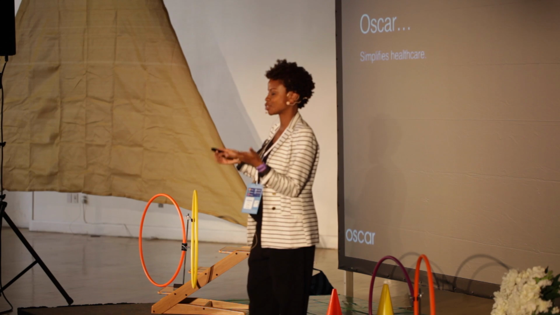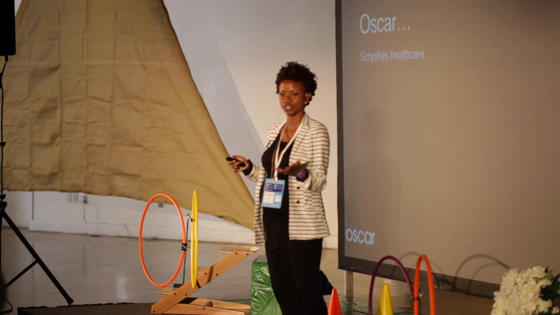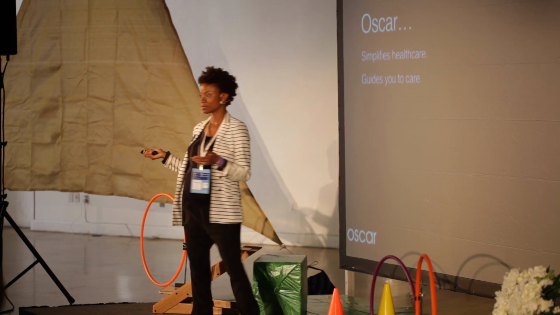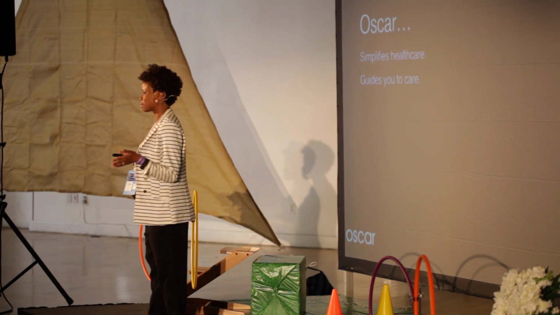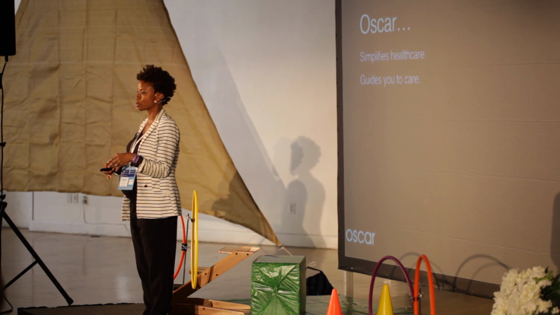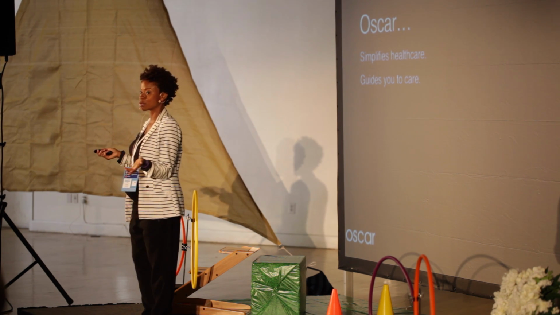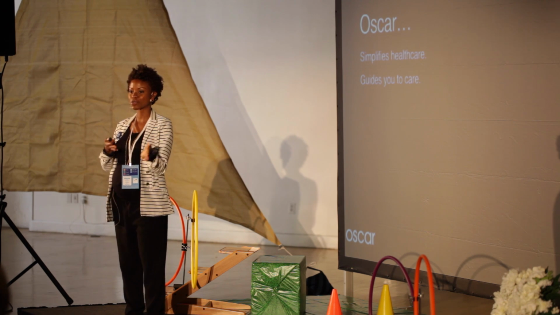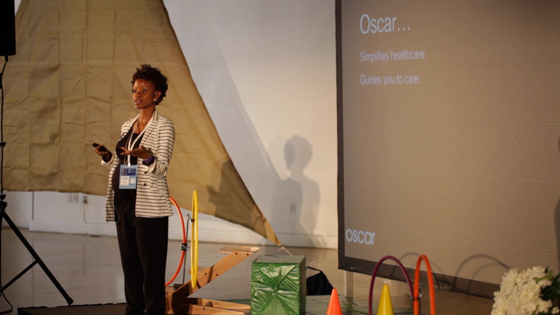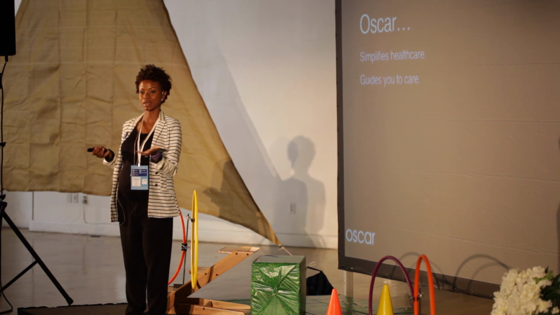We use high-touch customer care to answer questions that people have. Oscar guides you. So we want to guide you to the best care. Not just send you out into the world to be on your own, but everything we do is focused on helping you find the right care when you need it. And our platform is built to support that. And our customer service team is there to do that as well.